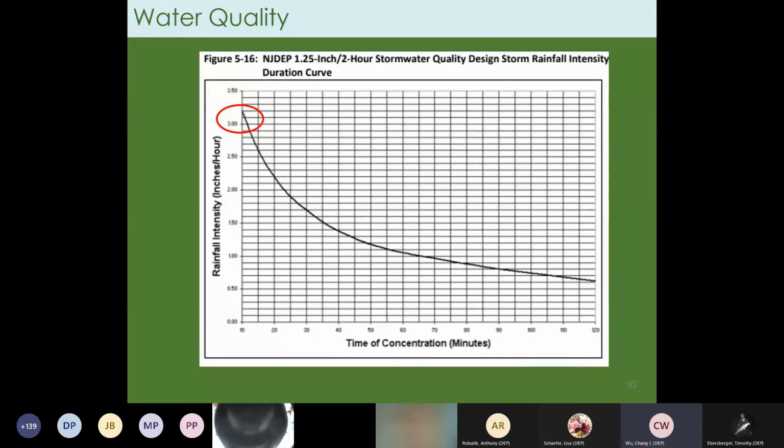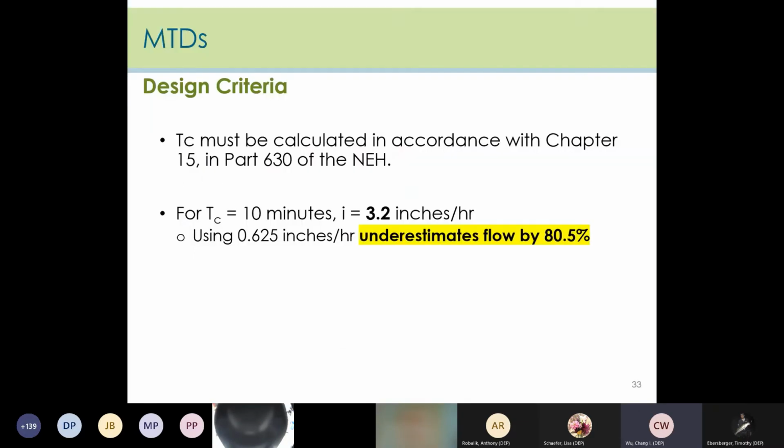If you look at the rainfall intensity curve in our chapter 5, for an MTD that has a 10 minute time of concentration, that is around 3.2 inches per hour. So if you use 0.2625 inch per hour to size an MTD, then you underestimate the flow by 80.5%.